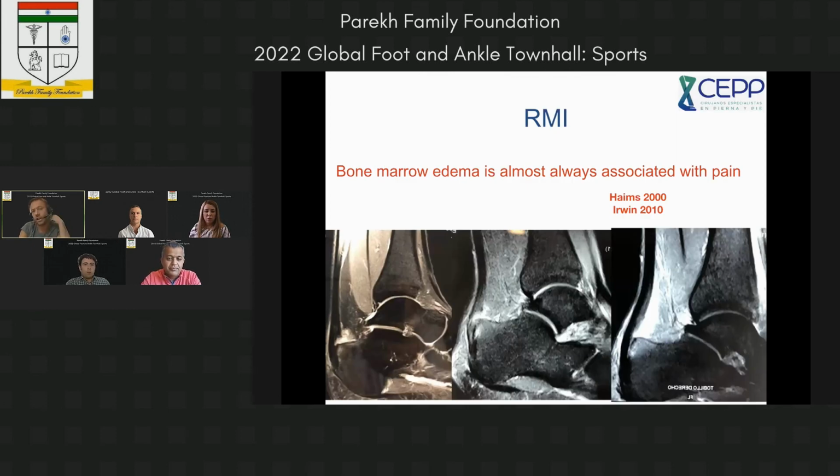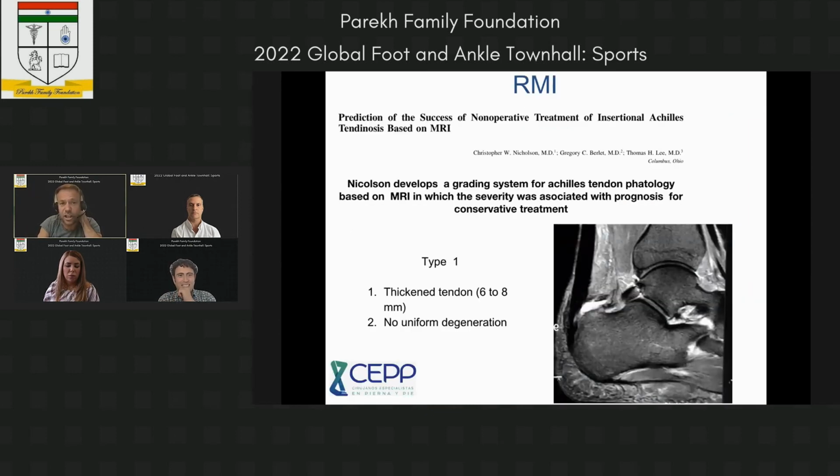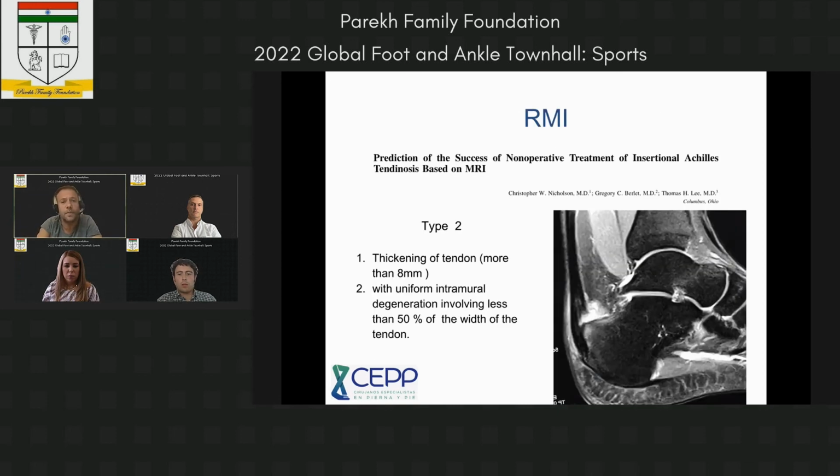On the MRI, remember that bone marrow edema is always associated with pain. And here I find something that Nicholson describes. He developed a graded system for Achilles tendon pathology based on the MRI, in which the severity was associated with prognosis for non-surgical treatment. Type 1, you will find a thickened tendon, 6 to 8 millimeters, and non-uniform degeneration.